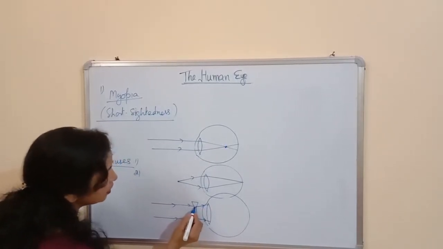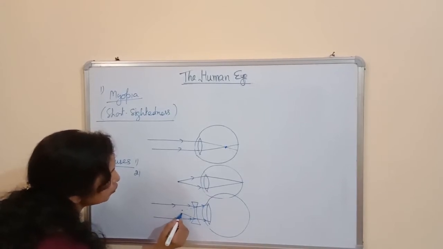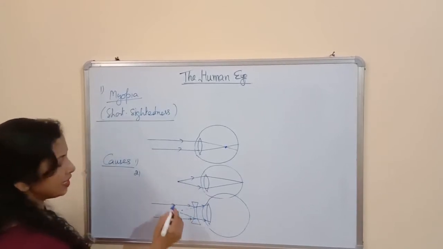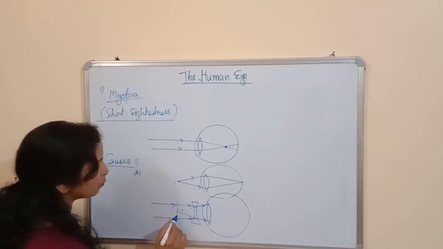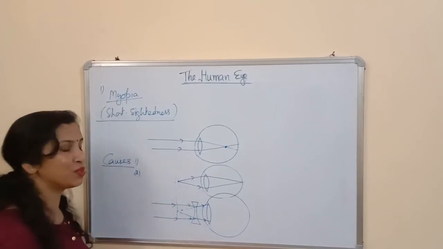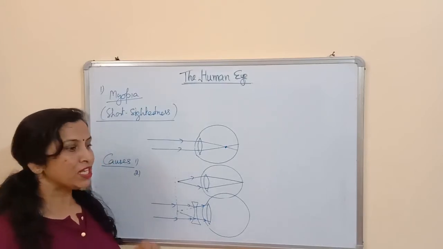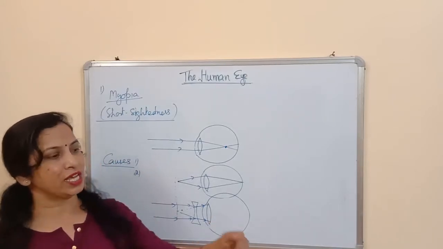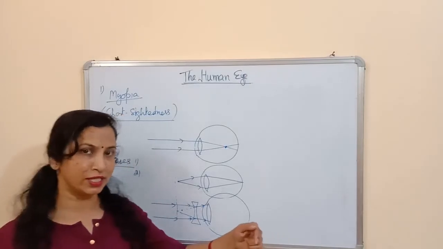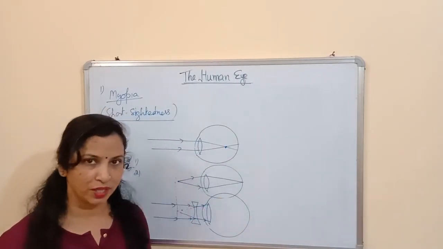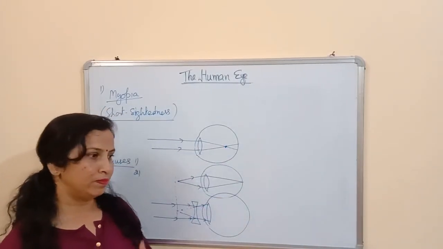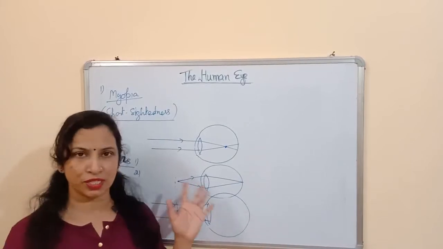And we use such a power of lens so that this lens will make the image of the object at the distance at which you are able to see the object. Suppose you are able to see an object at a distance of 5 meters, and after 5 meters you are not able to see clearly.